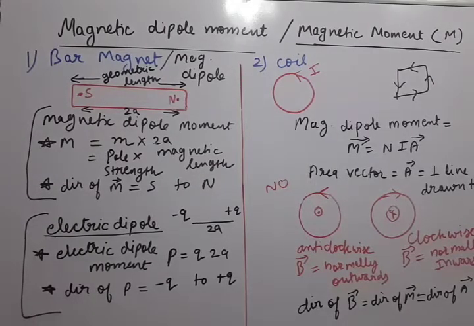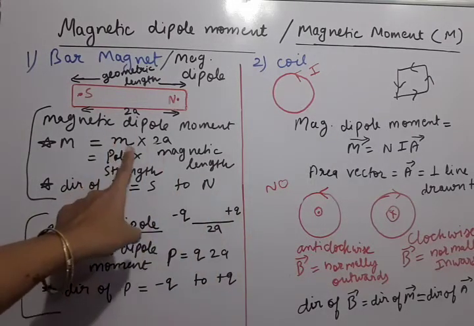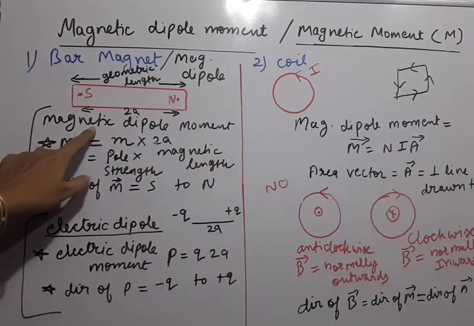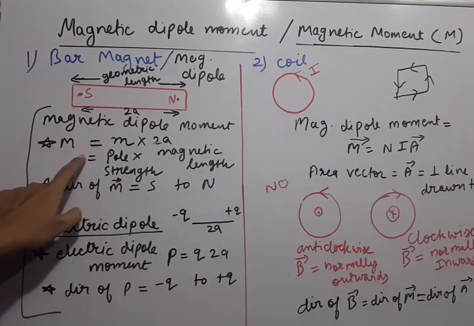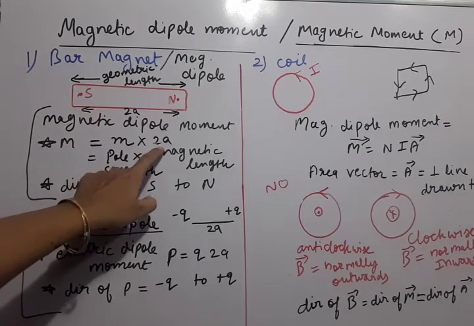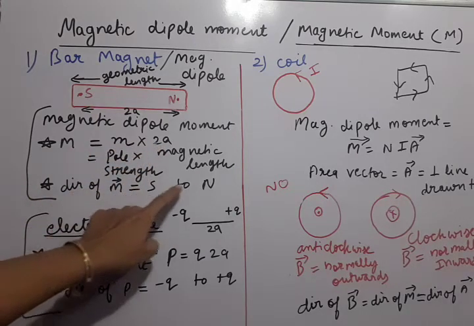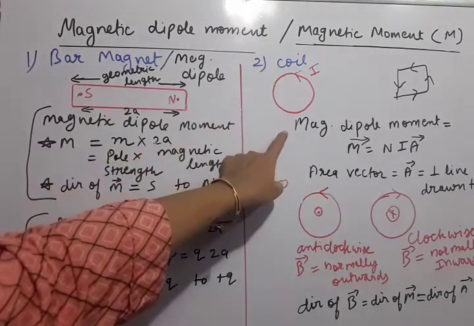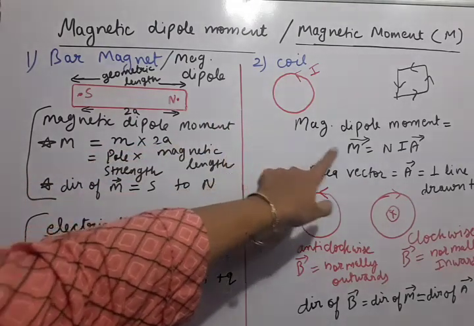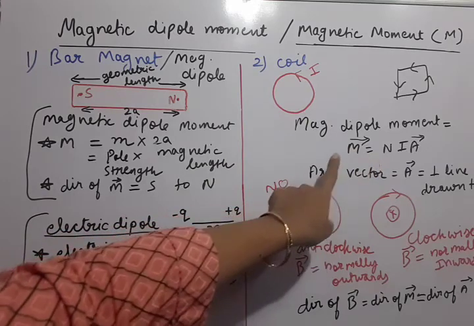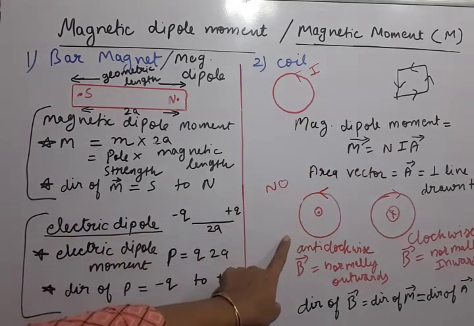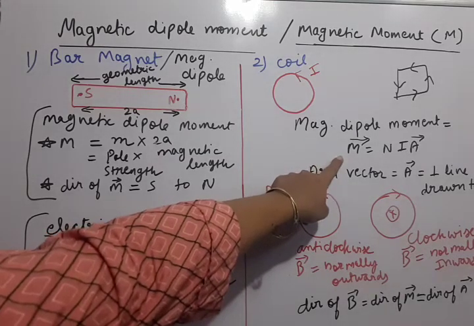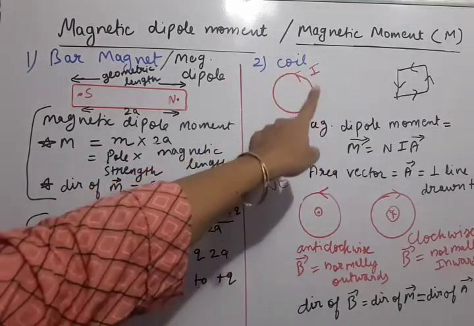Now you note down this detail about bar magnet and coil. So we have a revision. Magnetic dipole moment of bar magnet is M into 2A. Direction is from south to north. And for a coil, magnetic dipole moment is the NIA formula, and the direction is decided by the current direction.